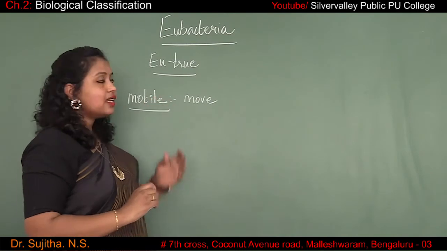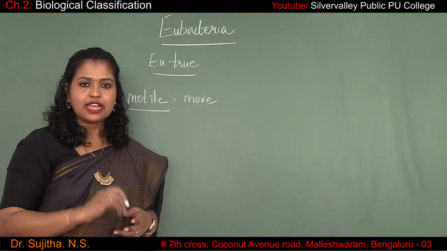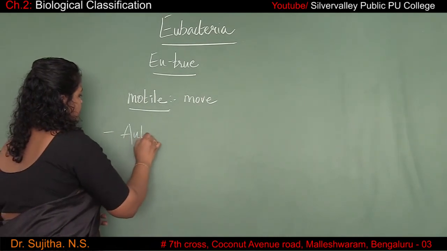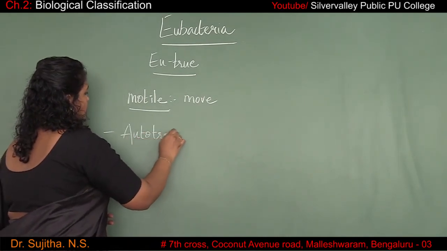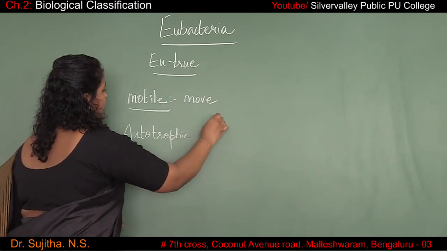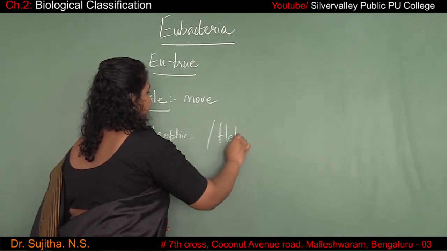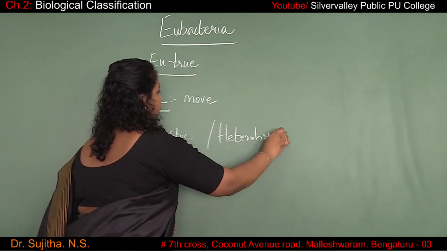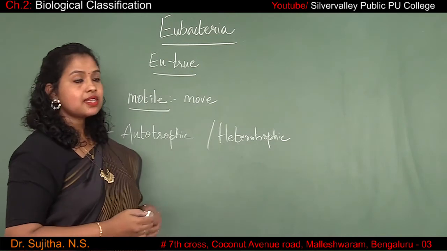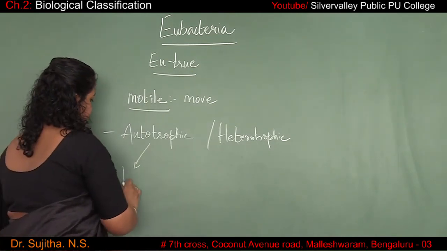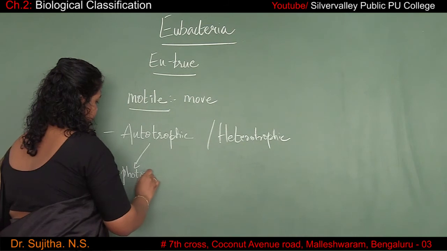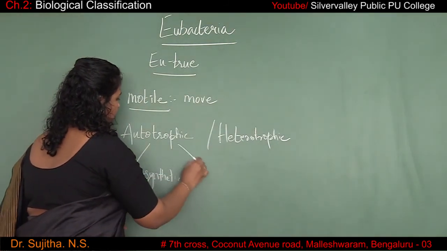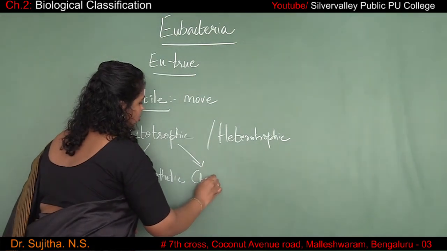And the Eubacteria's mode of nutrition is, it can be autotrophic or it can be heterotrophic. Autotrophic means it can be photosynthetic or even chemosynthetic.